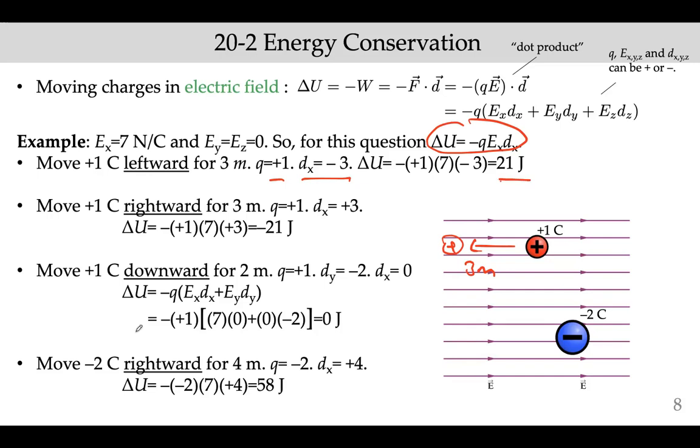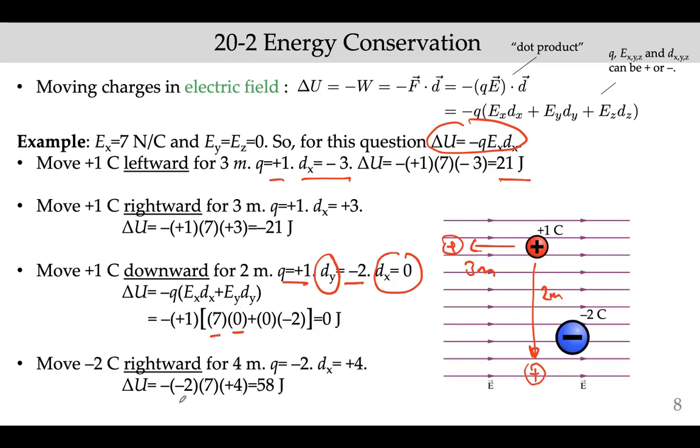Okay, let's move to the third one. If you move this charge now downward for 2 meters, so you move it this way for 2 meters. Now the charge is again plus 1. Displacement in the y direction is negative 2. Displacement in the x direction is 0. So what we have here is the x component of the electric field is 7, but there's no displacement in the x direction.